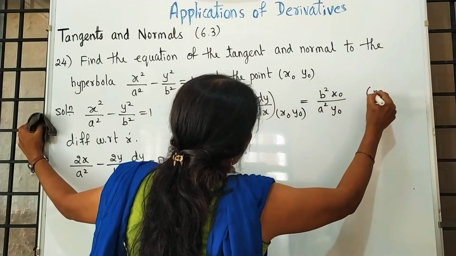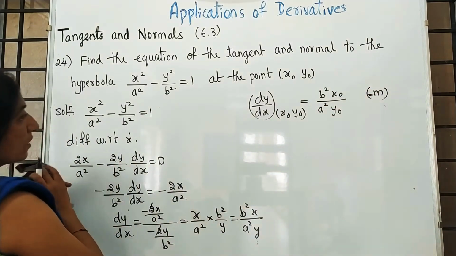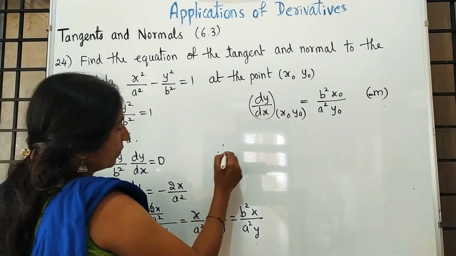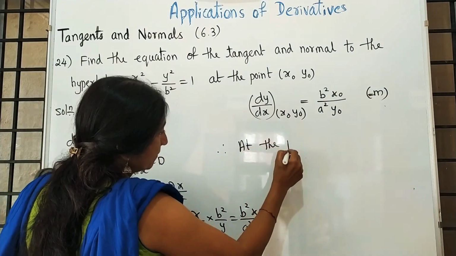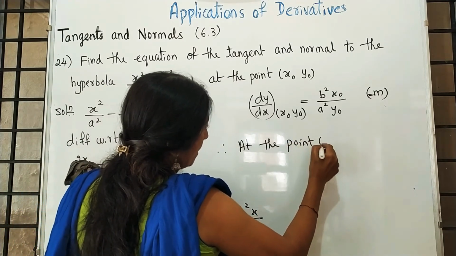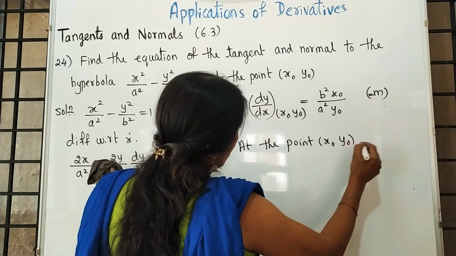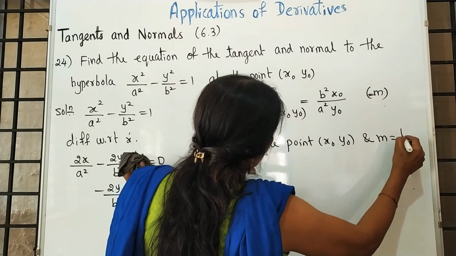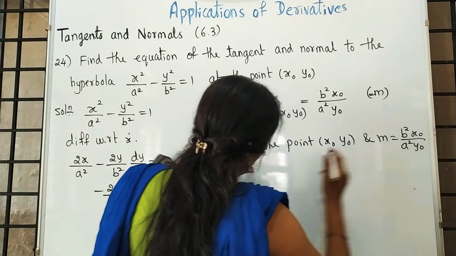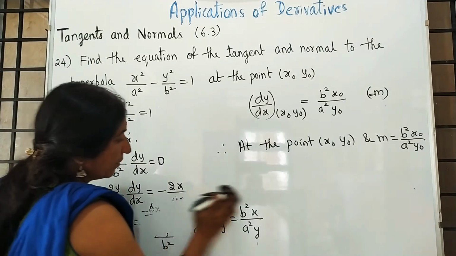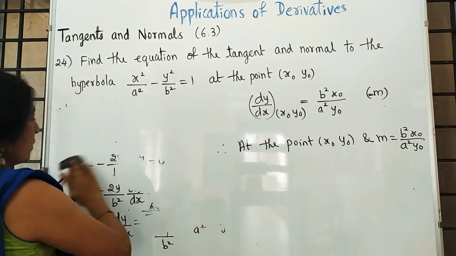This is m. Now I am writing, therefore, at the point x naught comma y naught, m is equal to b square x naught upon a square y naught. Now calculate one by one the equation of tangent and equation of normal.